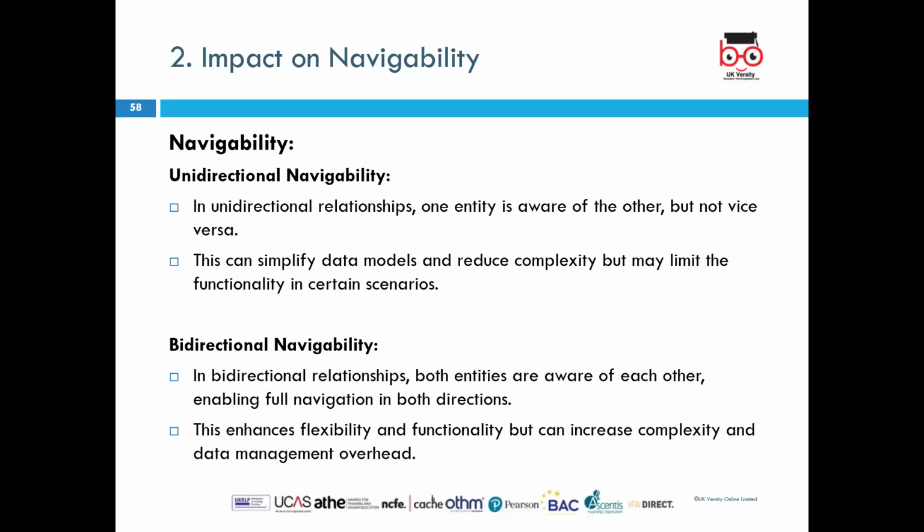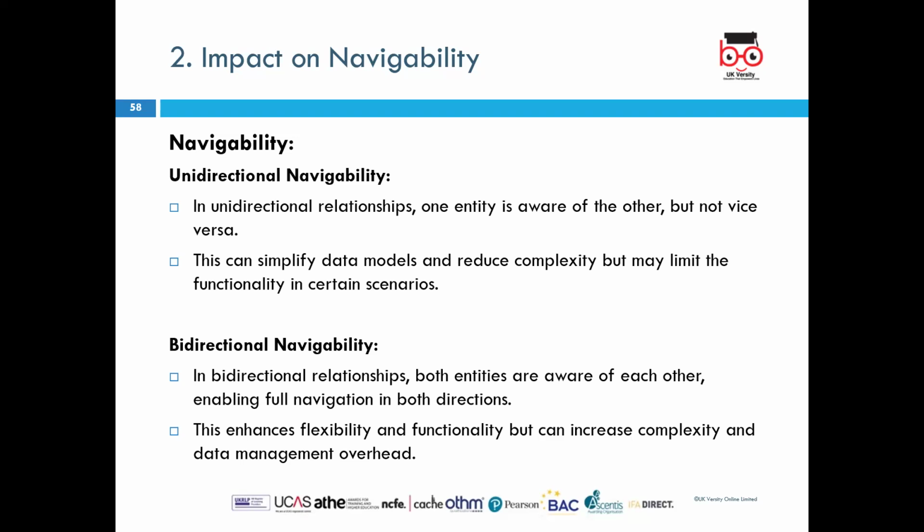It's also important to know the impact on navigability, where we have unidirectional navigability and bidirectional navigability. With the first one, an entity is aware of the other, but not vice versa.